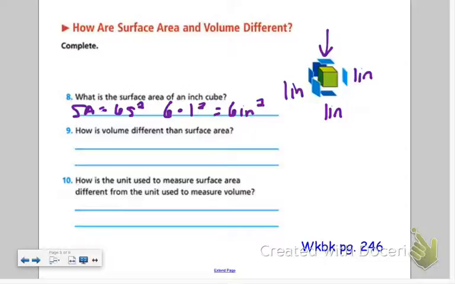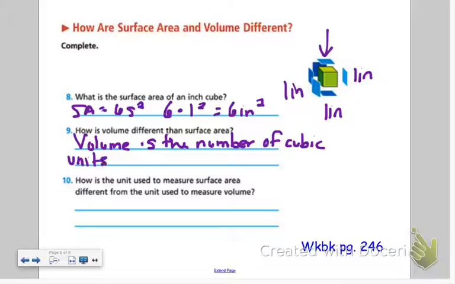It makes up 6 flat square faces that are an inch each. So 6 square inches. Volume is very different than surface area because volume is the number of cubic units that fit inside an object.